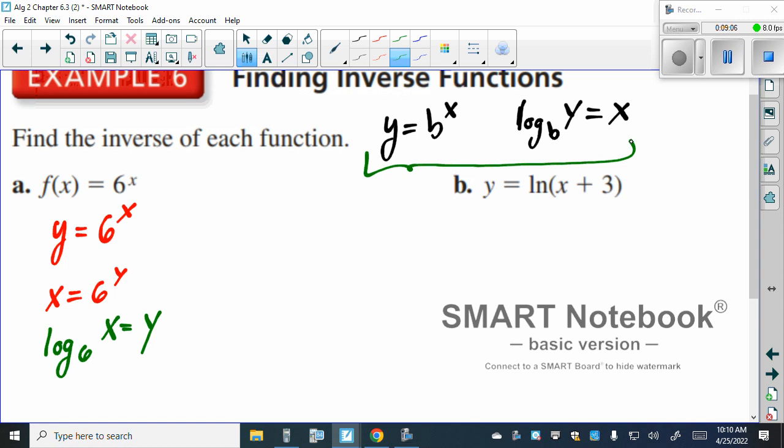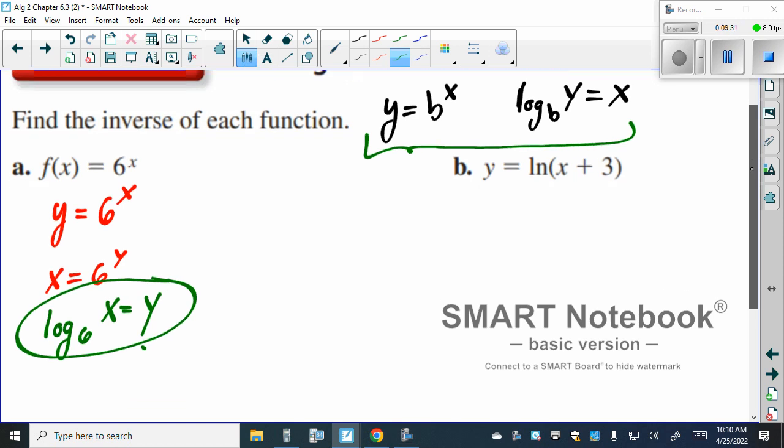Does that make sense? If I had left y equals 6 to the x, then it would be log base 6 of y equals x. But with our inverse, we need to flip the x and y, which would get us to this here. Does that kind of make sense? Any other questions on this here? We ready for the next one?